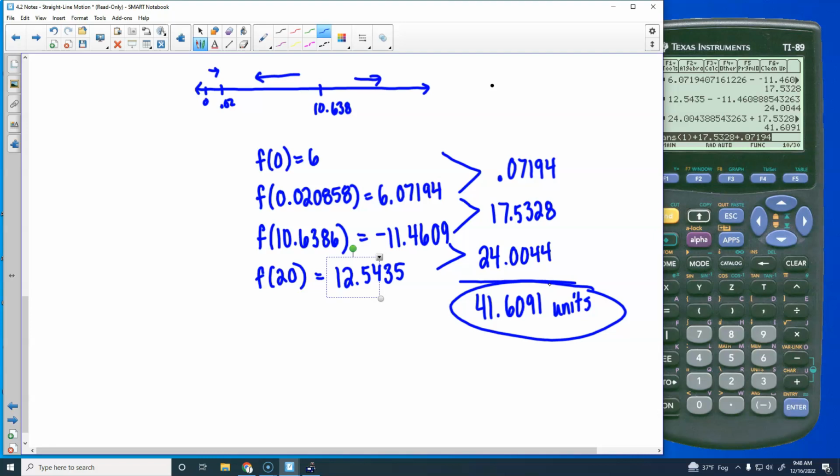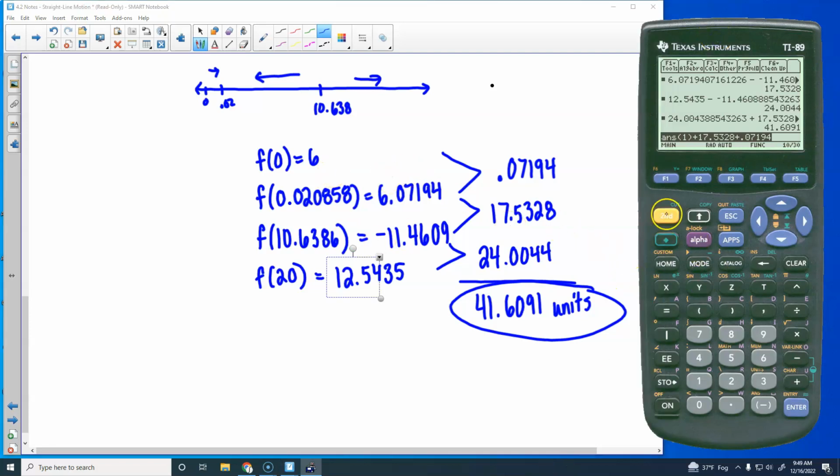Yes? So from 0.020858 to 10.6, you subtracted 6 minus negative 11, right? Mm-hmm. But for the next 2 points, you subtracted 12 minus negative 11? You generally want them to be positive, so it's an absolute value. If you use absolute value bars, you could do 6.07194 minus negative 11.4609, or you could do it the other way around.